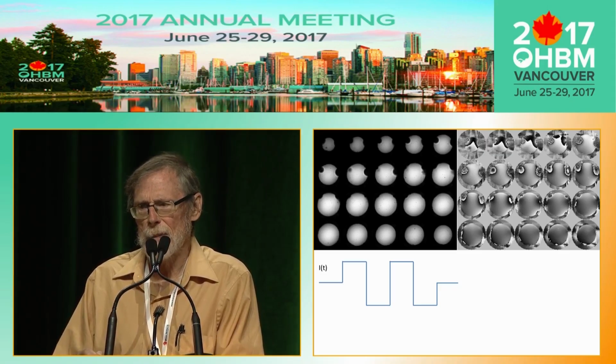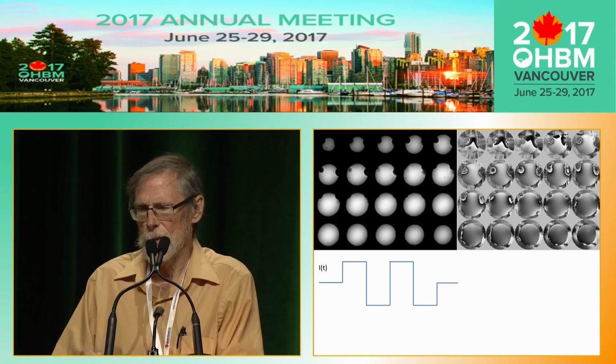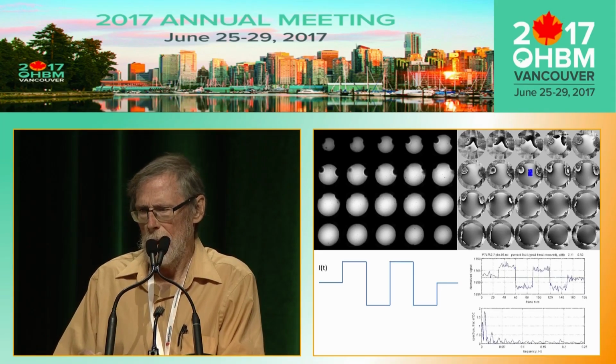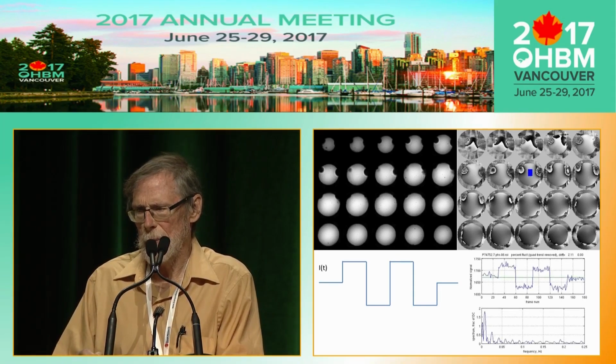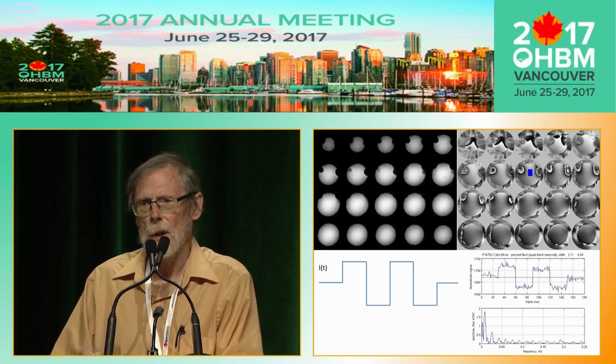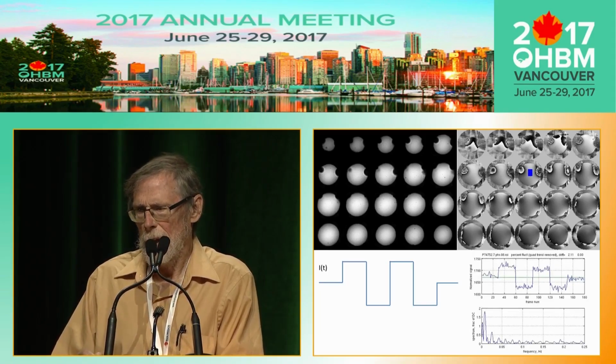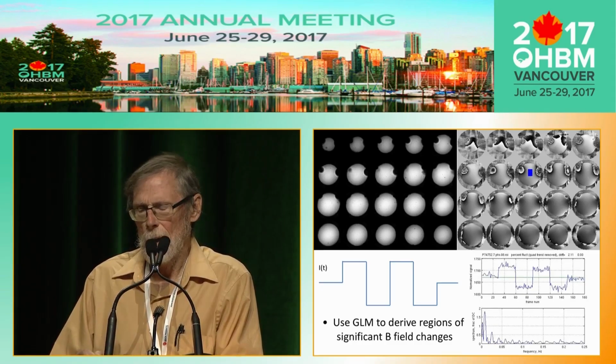You can see in the upper left where the electrodes were placed with a conductive surface on the phantom, and on the right we're showing changes in the phase shift that's observed with the electric stimulation generated with a square wave modulation. If you put a region of interest in the phantom somewhere, you can see those phase shifts in the phase of the MR signal, and then you can use those phase shifts to derive the change in magnetic field.